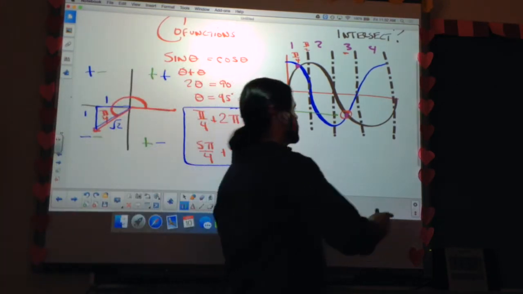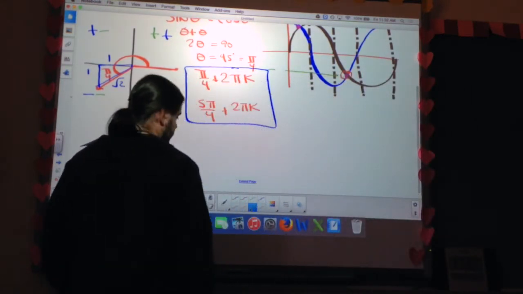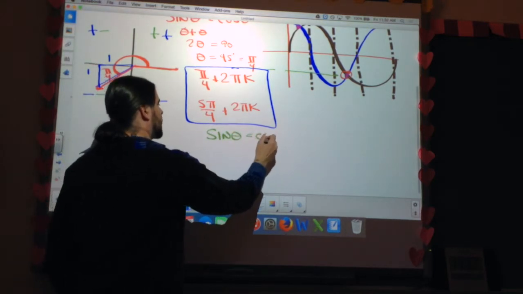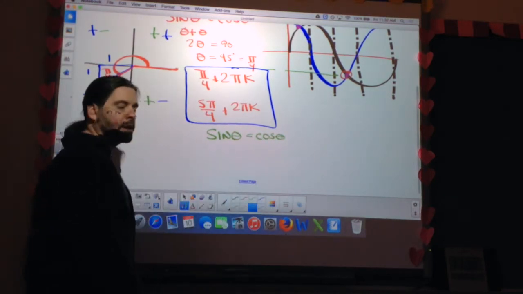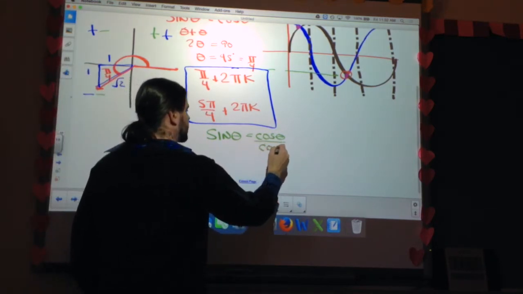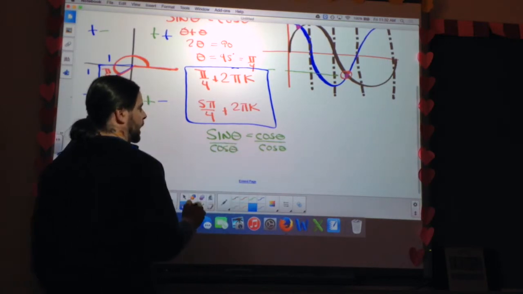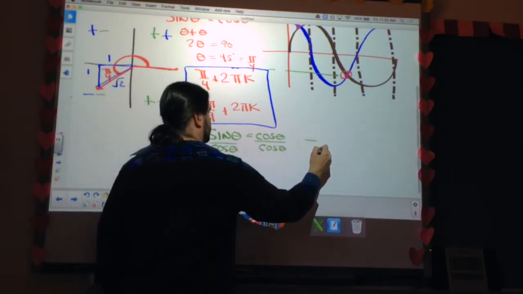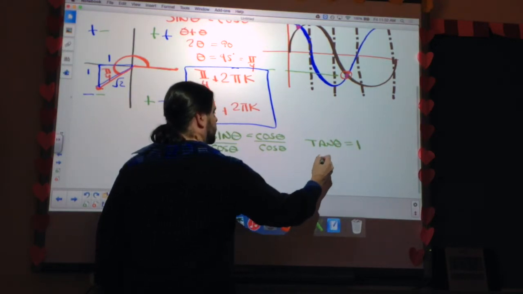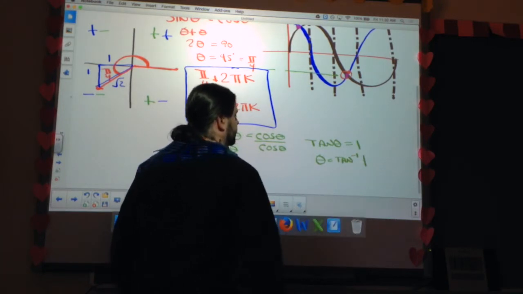We can get to that answer pretty easily if we solve this problem a different way, which is to say that if sine of theta equals cosine of theta, we could try to use an inverse function. We could try to divide both sides by the cosine of theta. If we do that, then the tangent of theta must equal 1. In other words, theta would be the inverse tangent of 1.